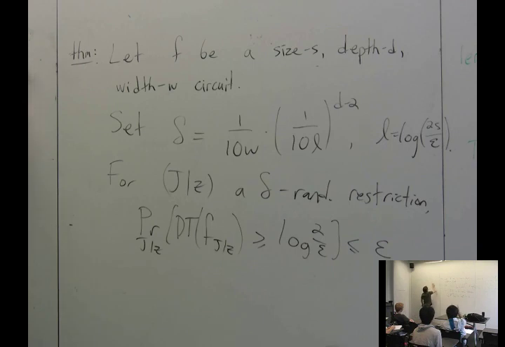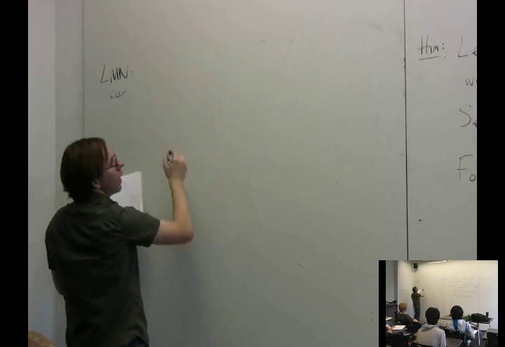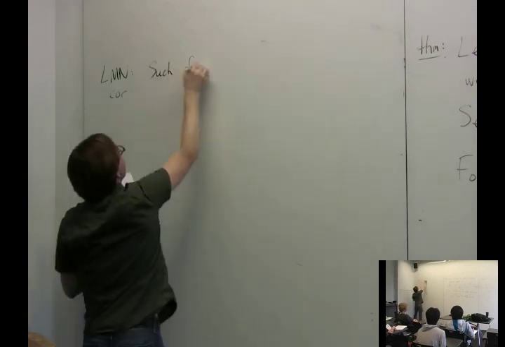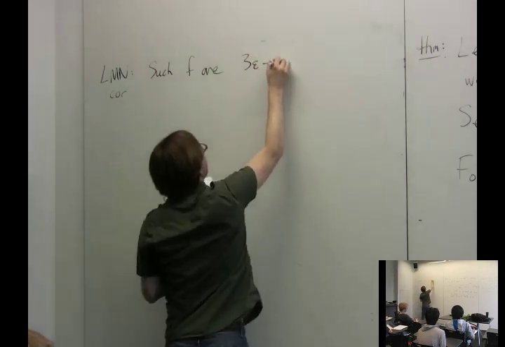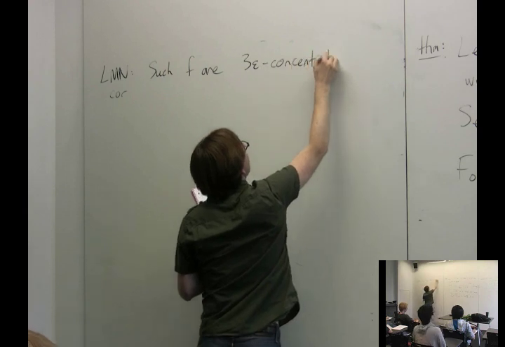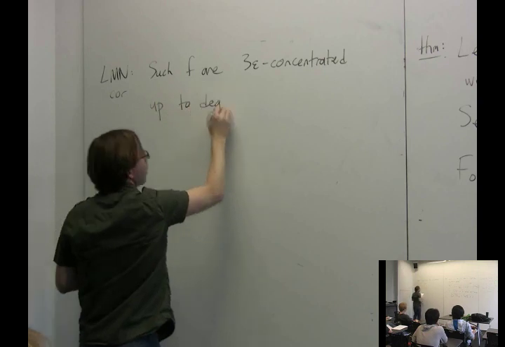It's kind of awesome they did this back in 1989. So the LMN Theorem is basically a corollary. We just get straight up that such f are, I don't know, 3 epsilon concentrated up to degree. What do we need?